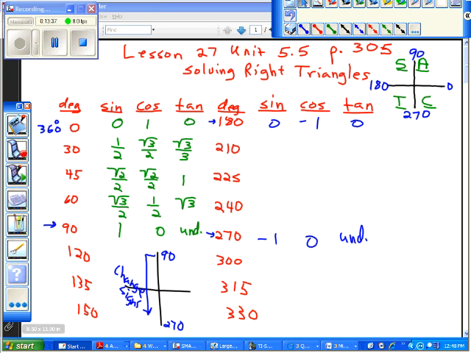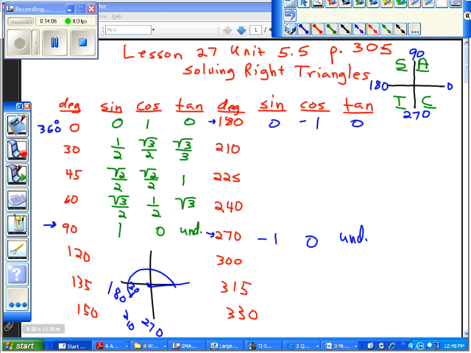Now let's go to 210. I'm going to think about where that's going to land me. This is 180 degrees. This is 270 degrees. If I go 210, I'm going to start, and I'm going to go past 180 by how much? 30 degrees past 180.